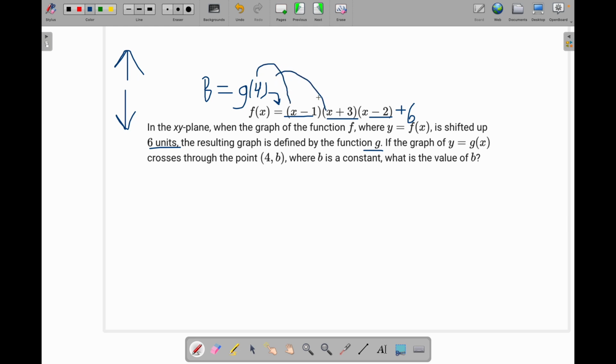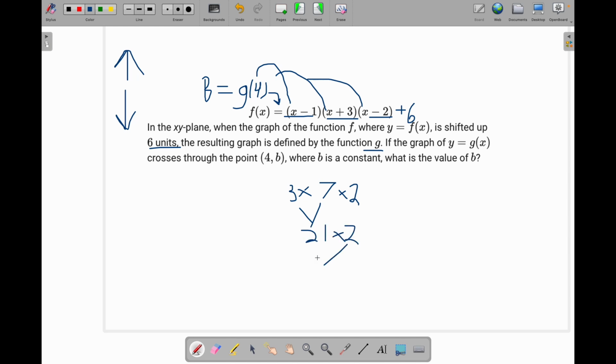So let's look at x minus 1. If you plug in a 4 there, that's going to be 3 times x plus 3. If you plug in a 4, that's 7 times, if you plug 4 into x minus 2, that's 2. So let's do this. You get 21 right here times 2. That's going to equal 42.